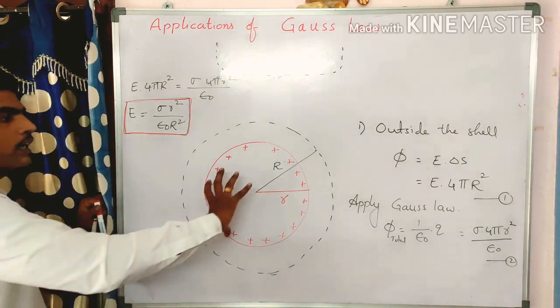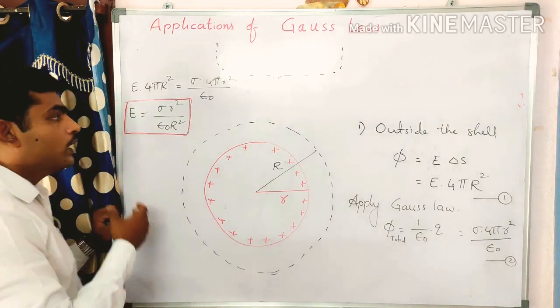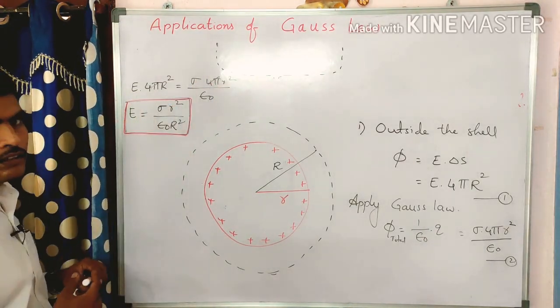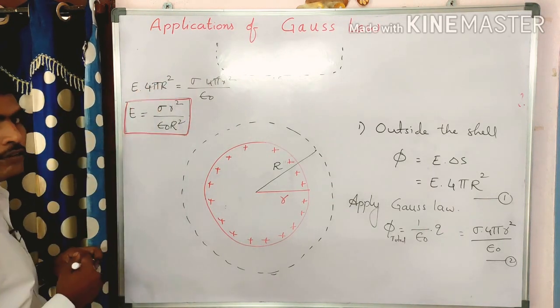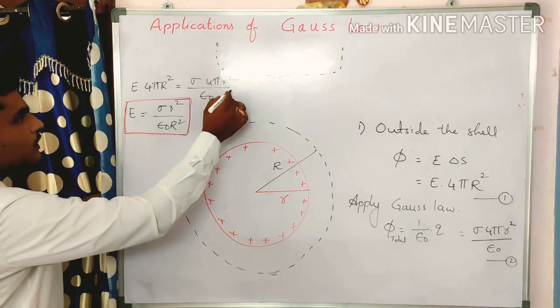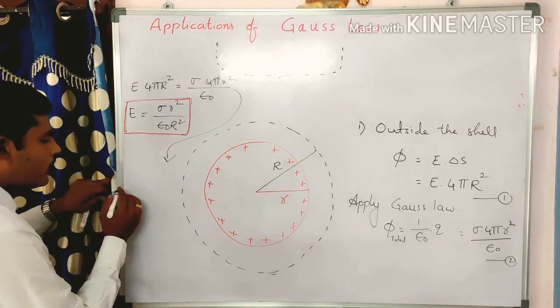So this is one charge, and around the charge there is some electric field. Now here we can make one more conclusion. Don't cancel this 4 pi. Then what will I get?